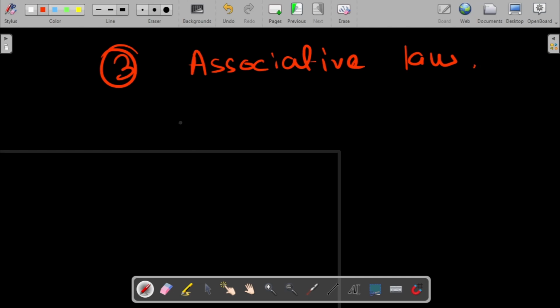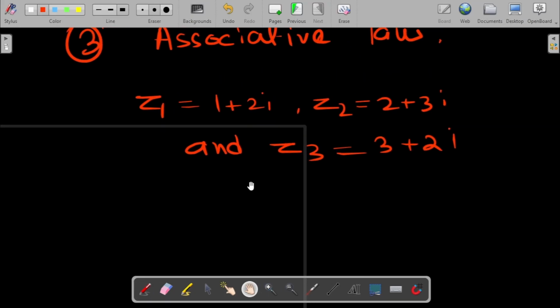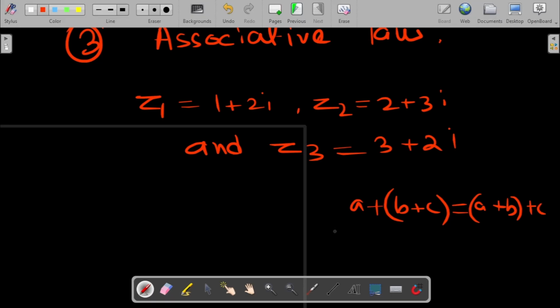If I take three complex numbers, let z1 equal to 1 plus 2i, z2 equal to 2 plus 3i, and z3 equal to 3 plus 2i. We know that if a plus b plus c equals a plus b plus c, then complex numbers are associative.